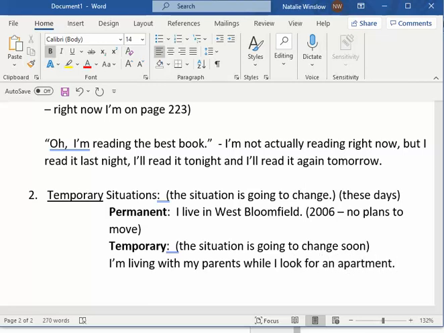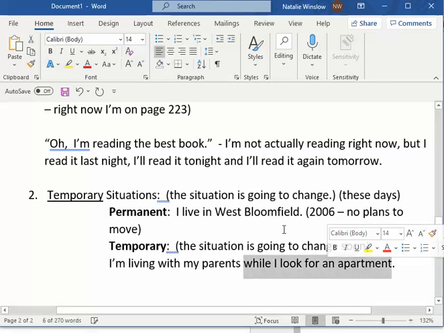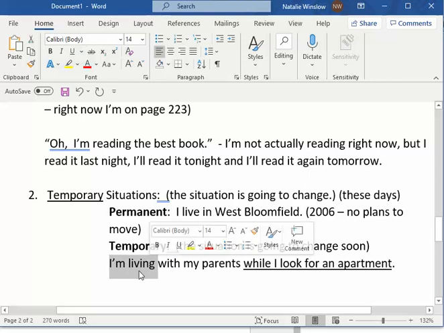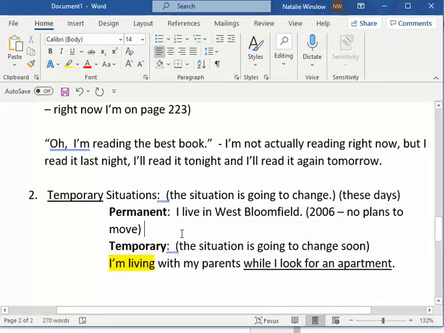Okay, I'm living with my parents while I look for an apartment. So, if the person is looking for an apartment, they have a plan to leave their parents' house. Okay, so this present progressive here means that it's temporary. The simple present means that it's permanent. All right.